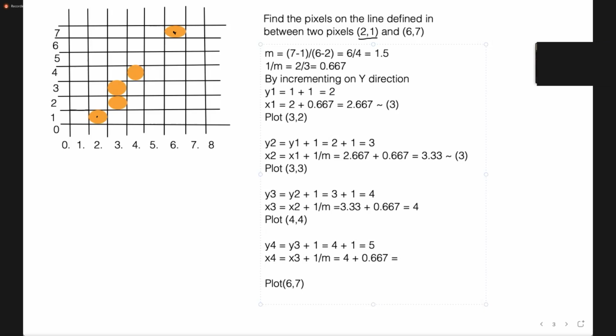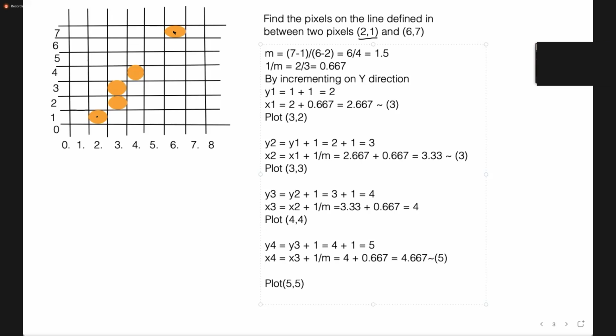Then this one is going to be 4.667, approximately that is going to be 5. Then you can plot 5, 5.